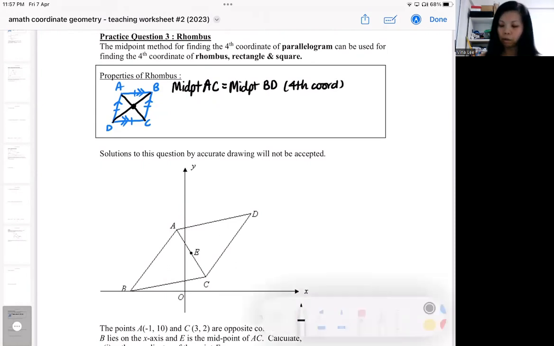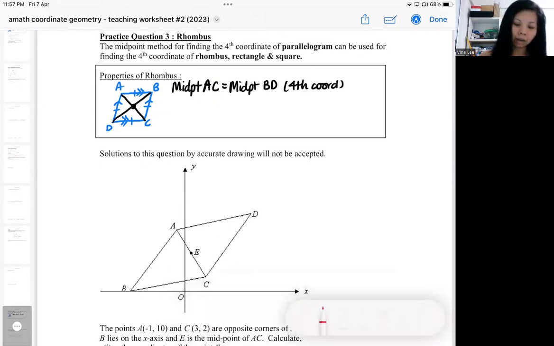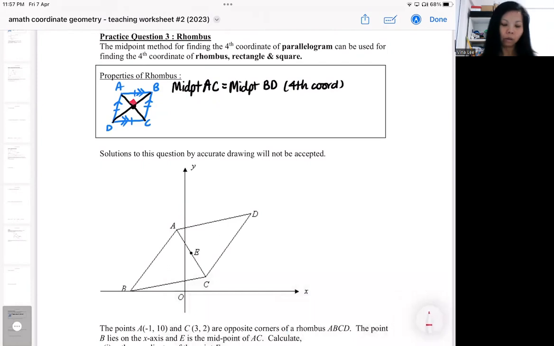But what is more important is that the diagonals cut at 90 degrees. So you are expected to know that the diagonals of a rhombus cut at 90 degrees. For a parallelogram, it doesn't cut at 90. When a question comes out for a rhombus, there are some students who didn't know that the diagonals actually meet at 90, and they couldn't do certain things. So why is the diagonal cutting at 90 important?